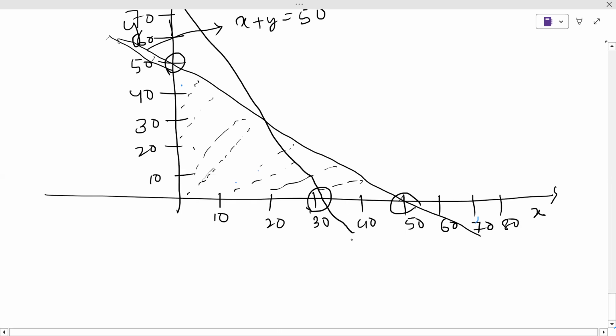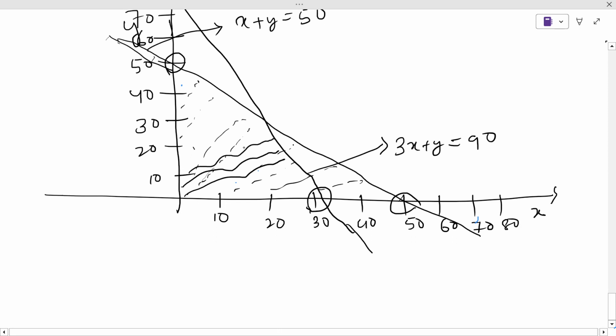This is also a less than graph. So this is 3x plus y is equal to 90. This is the region we have to consider in the first quadrant, only this part.